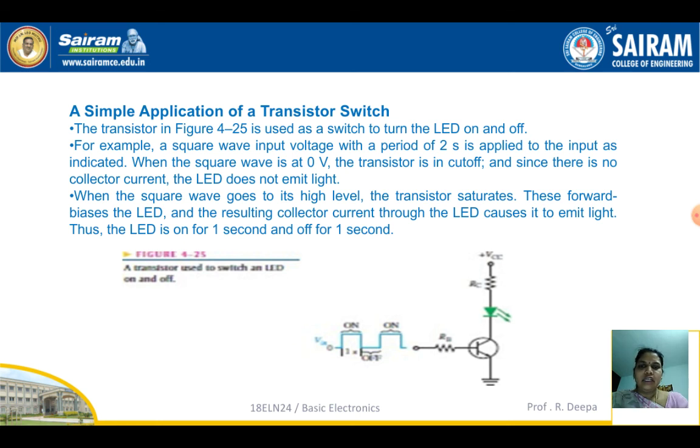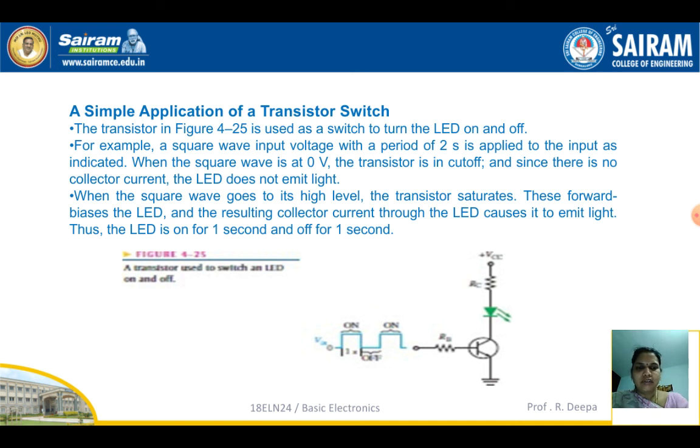Now when the square wave goes to high level, that is when it is 1, this input square wave is enough to make the transistor operate in on position, that is the base voltage will be enough to make the transistor operate in the saturation region. Thereby there will be flow of base current across the base terminal.